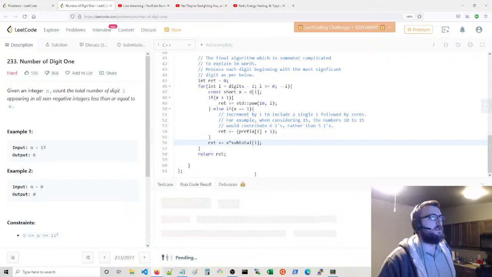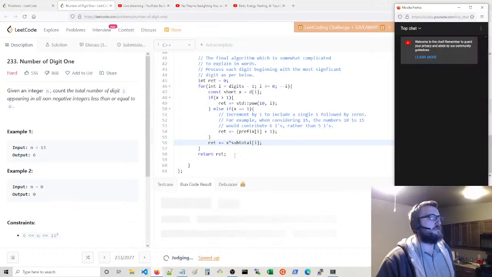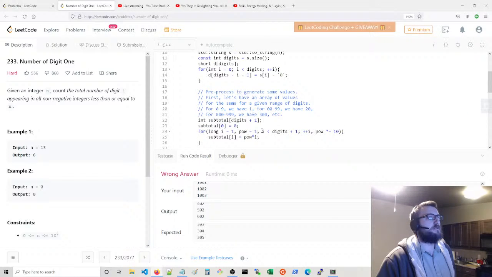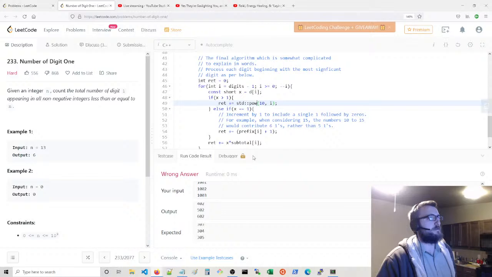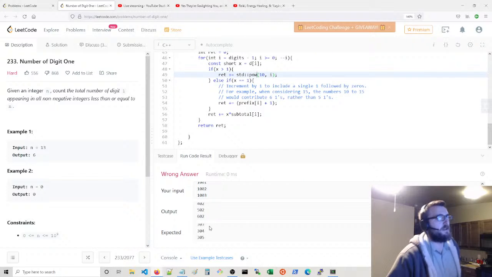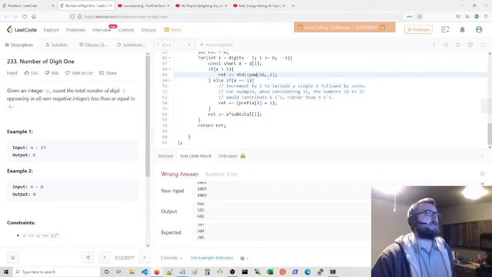What happened here? Subtotal is 0. Should just be 0. Why are we adding 100 each time? Where did that come from? Is that because it's I, this value?